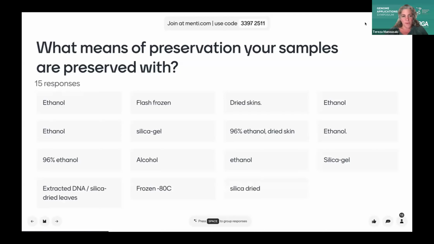So I guess most of the people are, of course, in ethanol. And also we have silica. Silica, dried skin, so that's from museums.